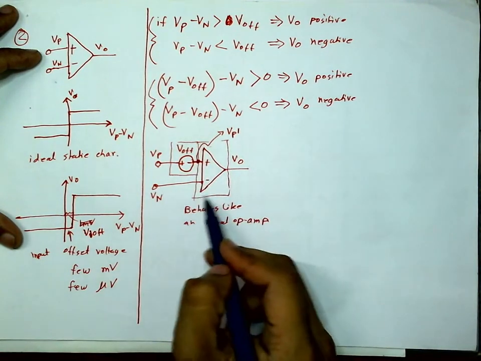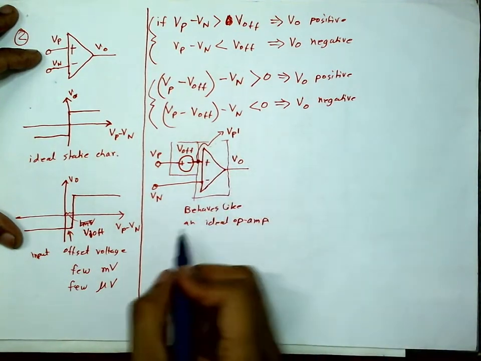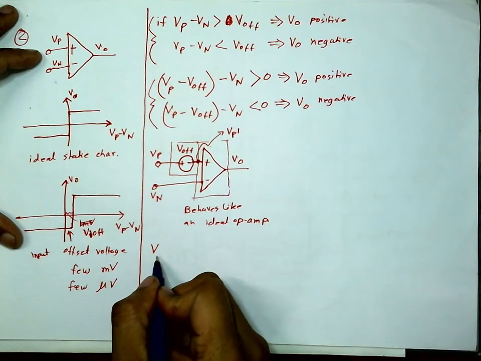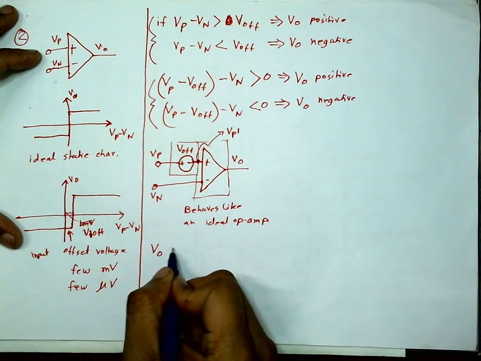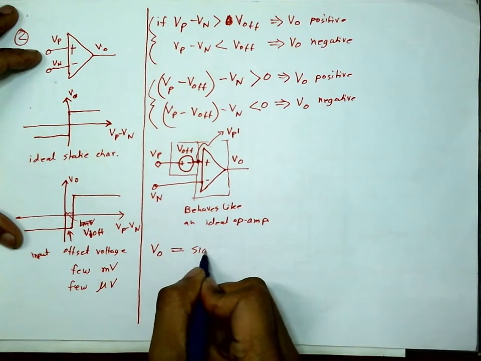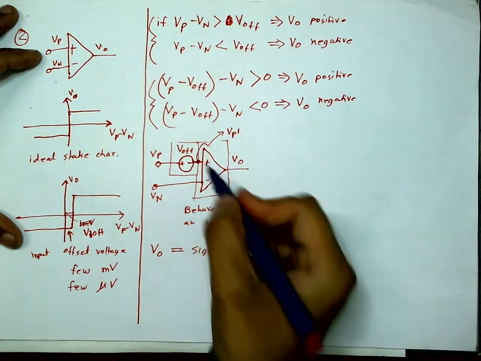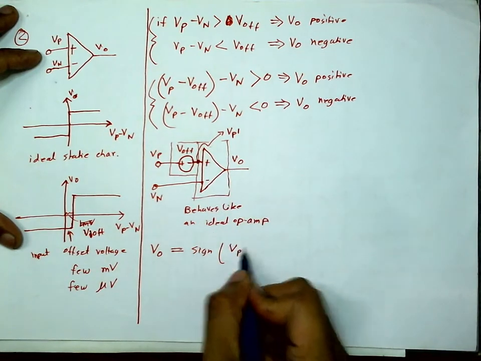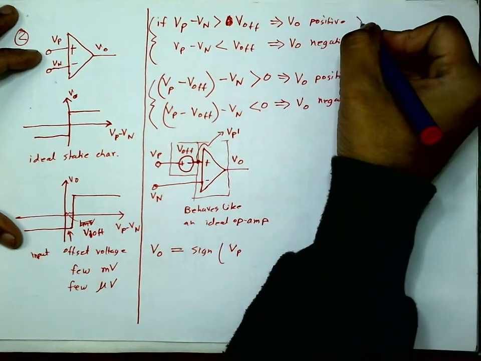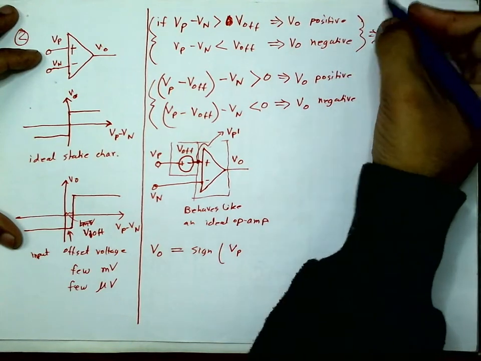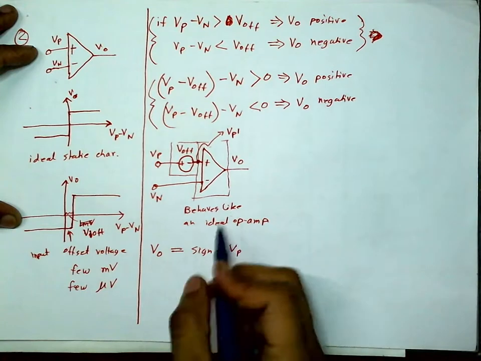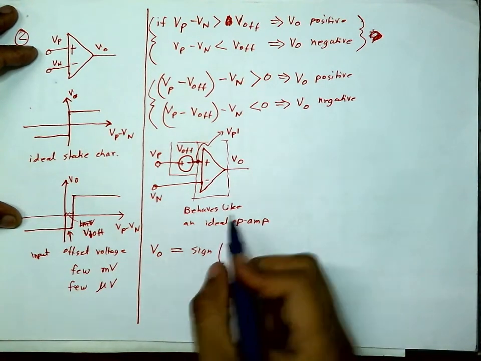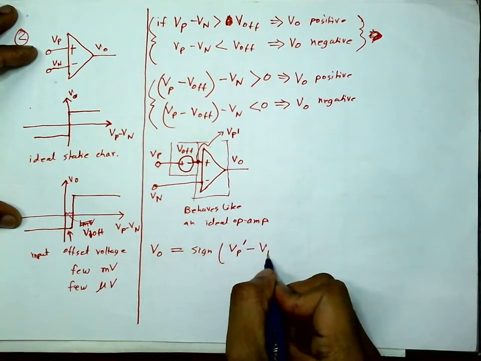Now this behaves like an ideal op amp, so we can write that, simply speaking, Vo is equal to sign of Vp prime minus Vn.